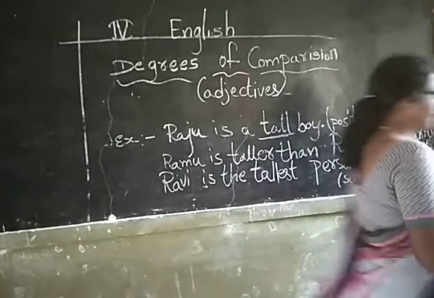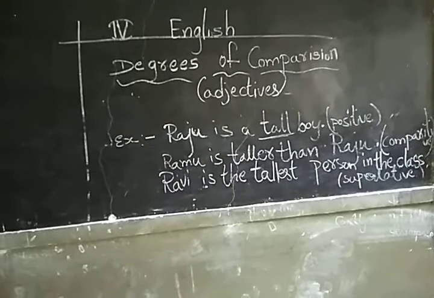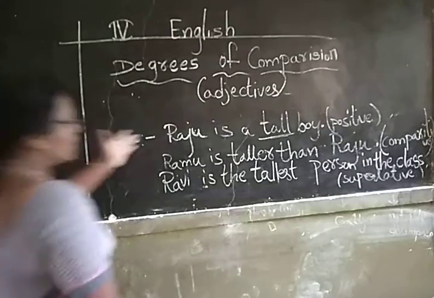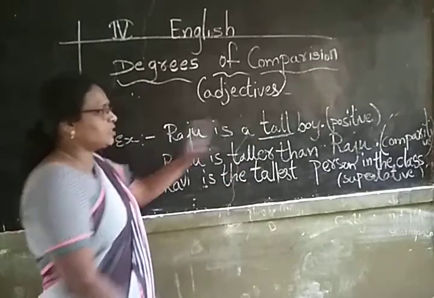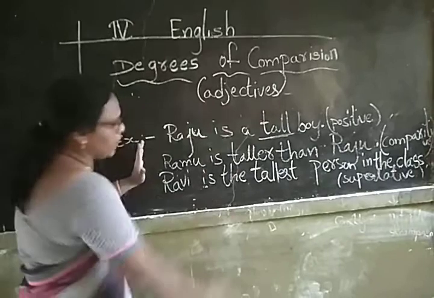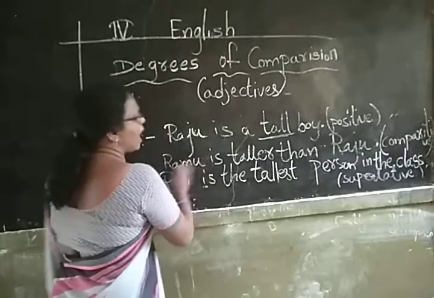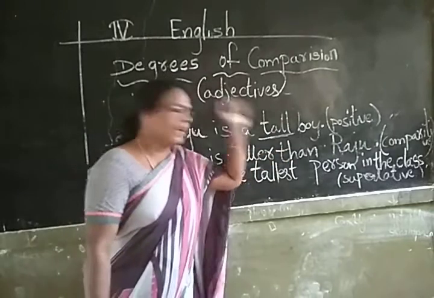Now, I will explain it properly. See, Nana. In the positive degree, I talked only about Raju: Raju is a tall boy. Fine. Now we are coming to the comparative degree: Ramu is taller than Raju.